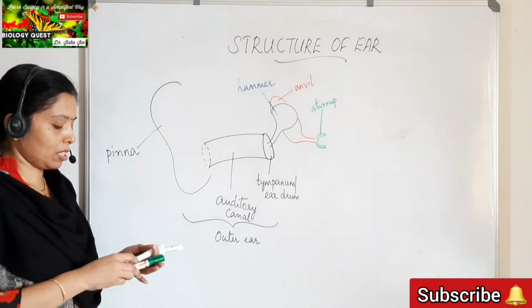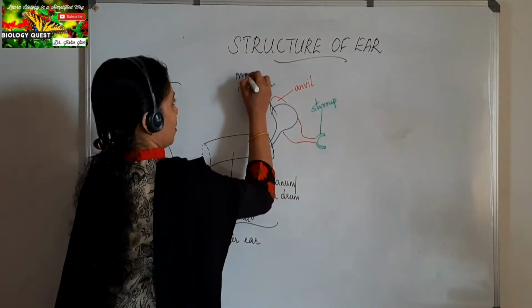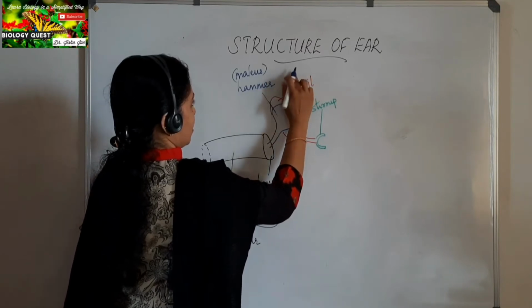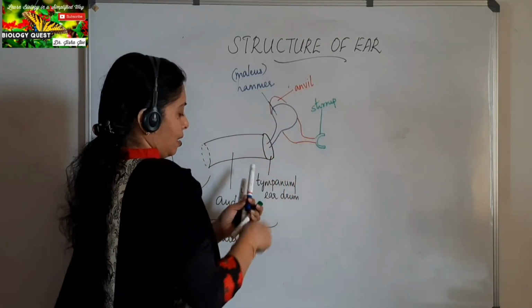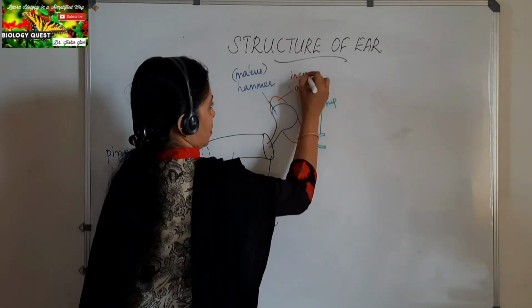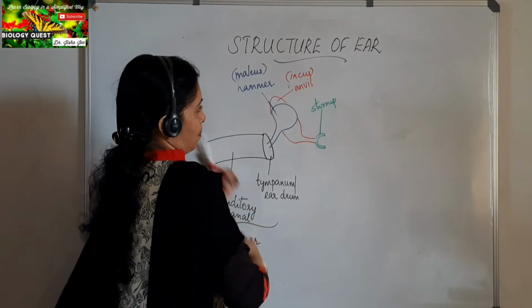And the scientific terms of these bones are malleus, incus, and stapes.